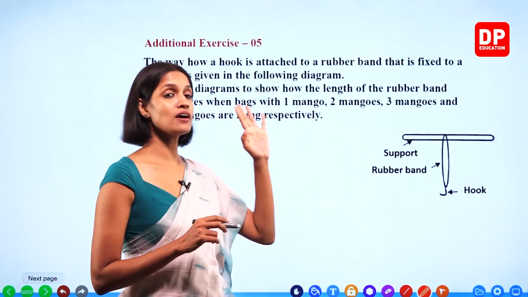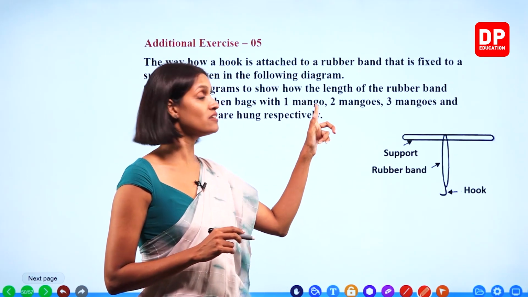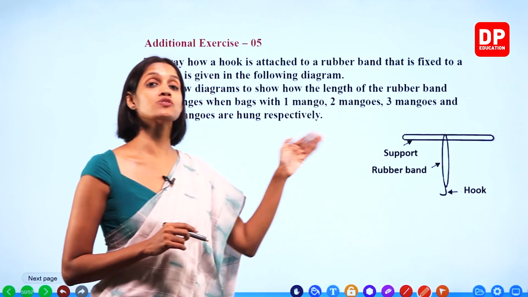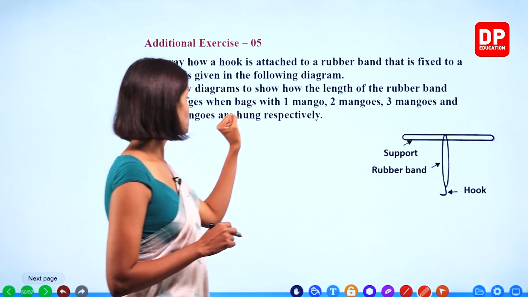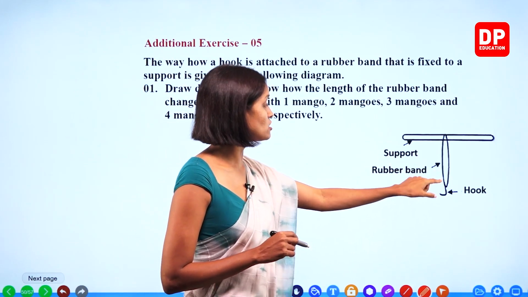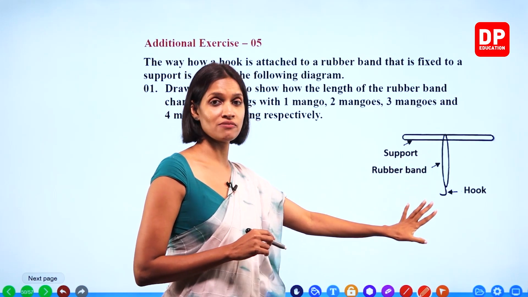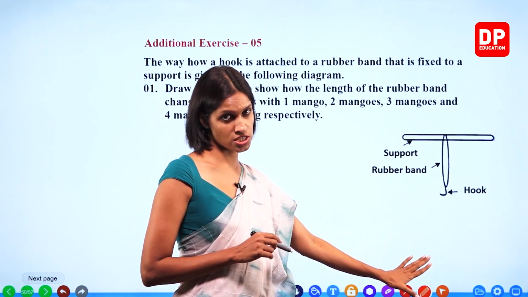Which means there are 4 bags. In one bag, 1 mango, another one, 2 mangoes, in the next one, 3 mangoes and the last one, 4 mangoes. If you hang these bags on this hook, you know that this rubber band will stretch at different levels. You have to simply show using diagrams how it stretches.